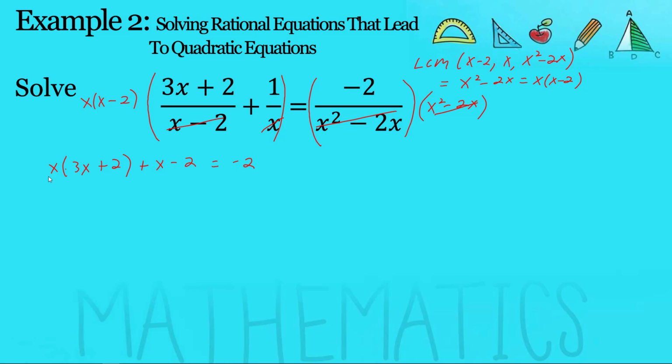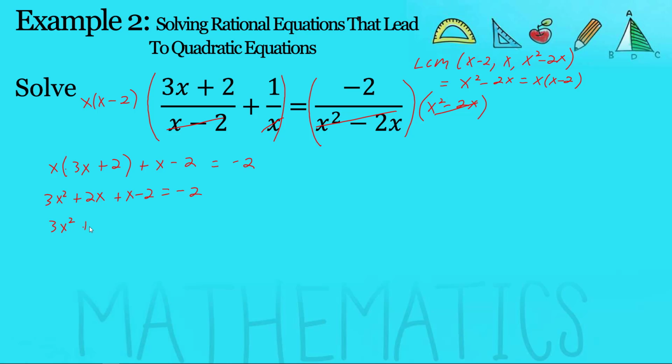Okay, I can do the distributive property here again, and if I do, I will have 3x squared, 3 times x times 3x, plus 2x, x times 2, plus x minus 2 equals negative 2. Now I have like terms that I can combine, and that will be 3x squared.